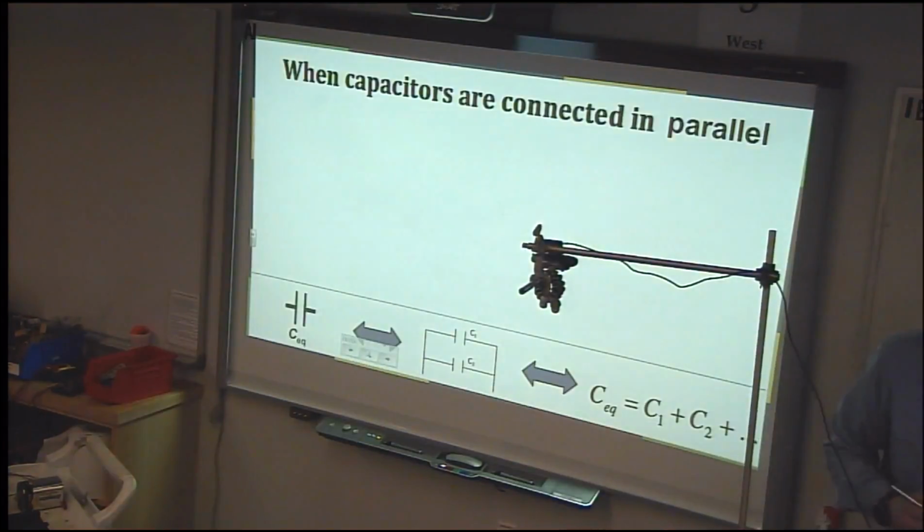Well, let's do it very quickly. All right. So what do we have? The same now. Again, two different capacitors, maybe three, maybe four, doesn't really matter, connected to a source. Fixed voltage.